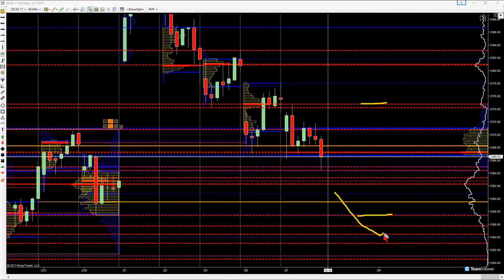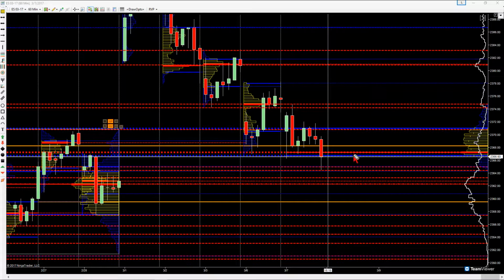So if we get below here, we're going to look for opportunities to take shorts with decent setups. And that would be taking short here, taking short here. If we come below there, at that point we are expecting to come test this level here, the bottom of the micro composite. Okay, so just a quick recap.